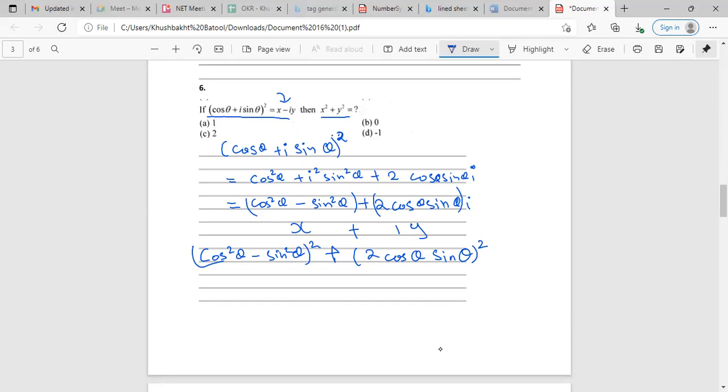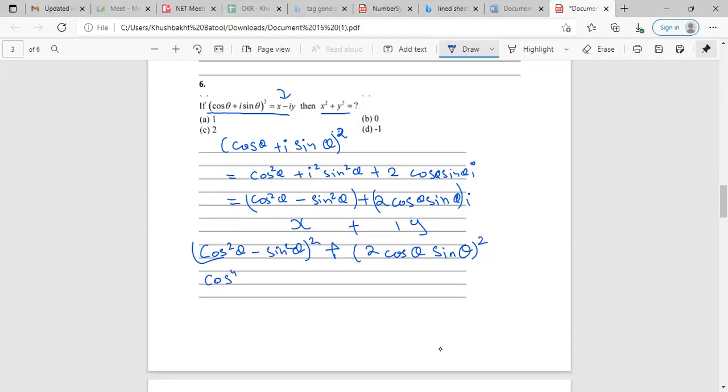All right, now we just have to open up things. So for cos square theta minus sine square theta whole square I am going to get cos to the 4 theta plus sine to the 4 theta minus 2 cos square theta sine square theta, plus 4 cos square theta sine square theta. So I got plus 4 cos square theta sine square theta from here, and I got the rest of the thing from here.